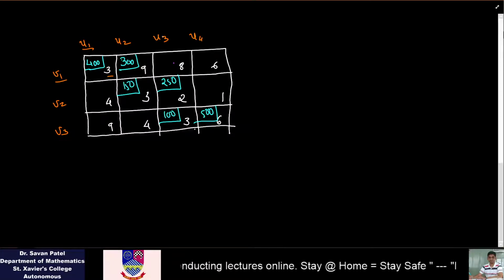So, for example, u3 plus v2 must be 2. Here you have 7 variables, and allocated cells 1, 2, 3, 4, 5, and 6. So you actually have 6 constraints.